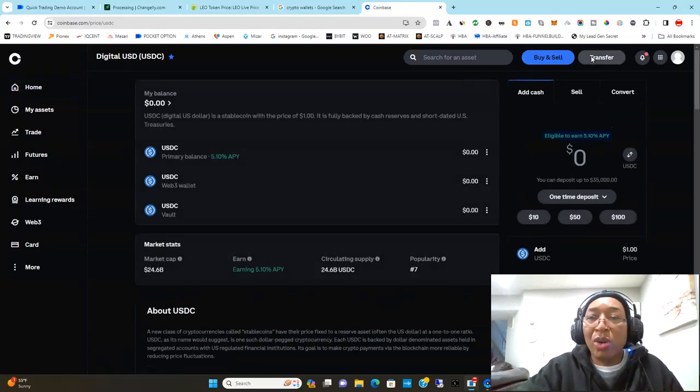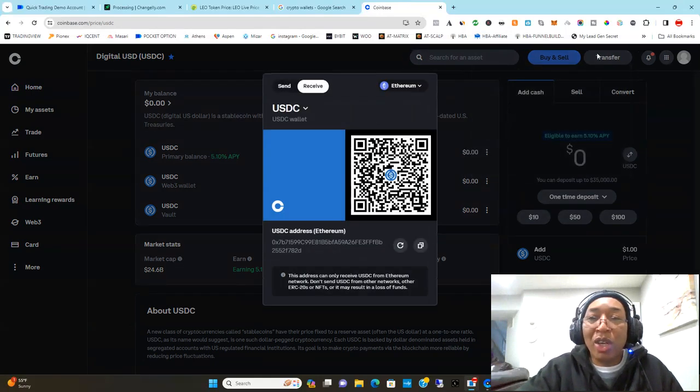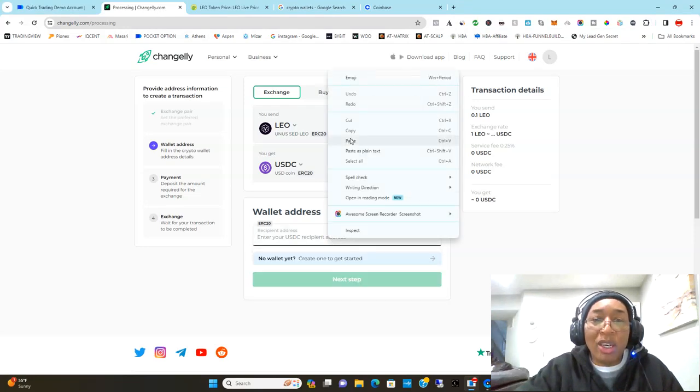And she's going to do what we call transfer. So she's going to receive crypto. So you hit transfer, receive crypto, and Coinbase is going to give you an address. So you're going to copy that address. And you're going to come back to Changelly, and this is where you're going to put your address.